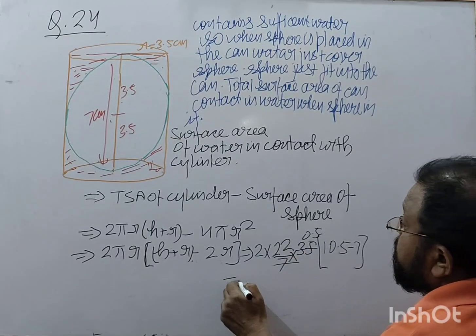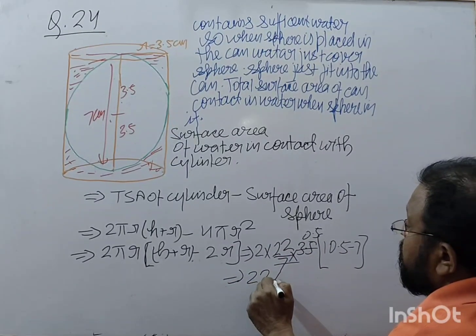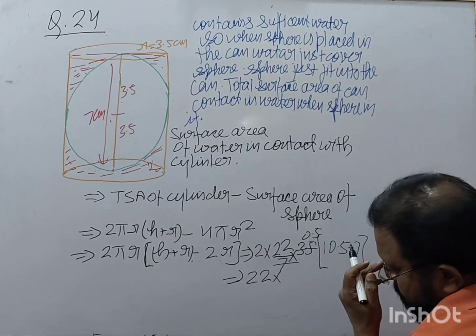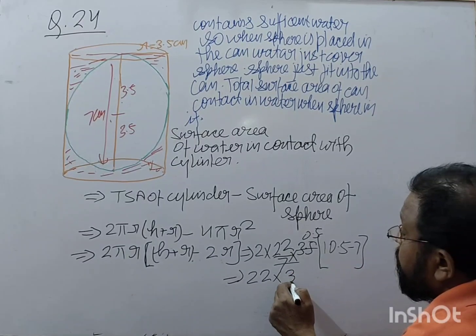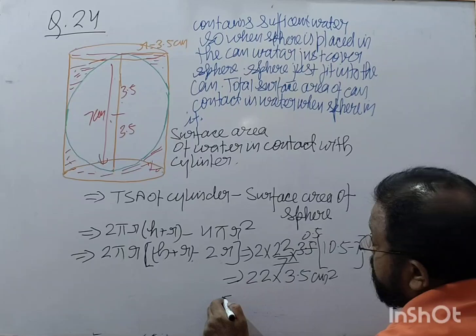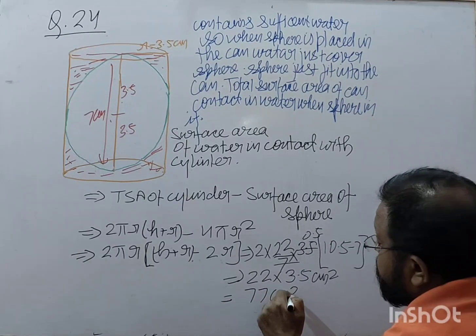It is 22 into 3.5 centimeter square. So it is 77 centimeter square.